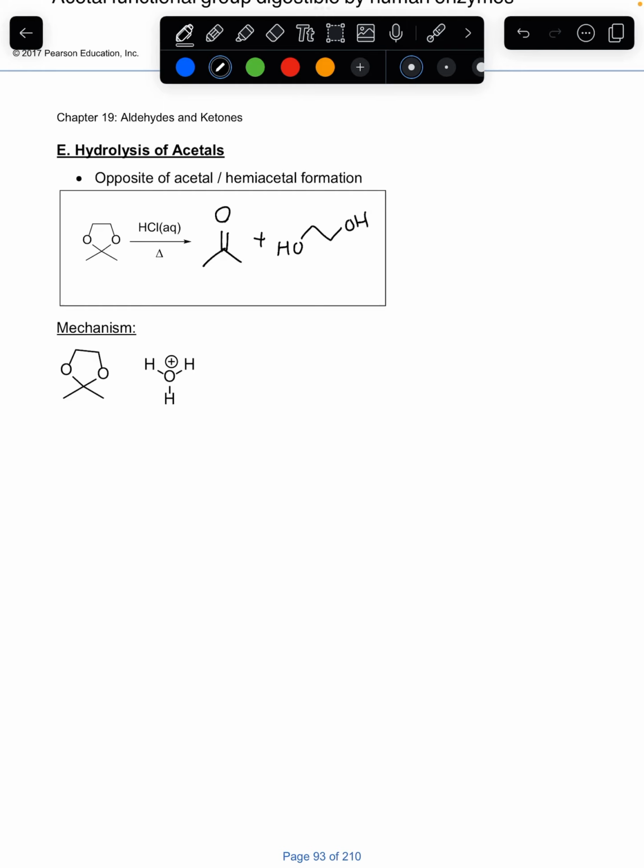Remember, when you have a reversible functional group that you can put on and take off, that could be used as a protecting group. And so, in other words, acetal is a great candidate for a protecting group.